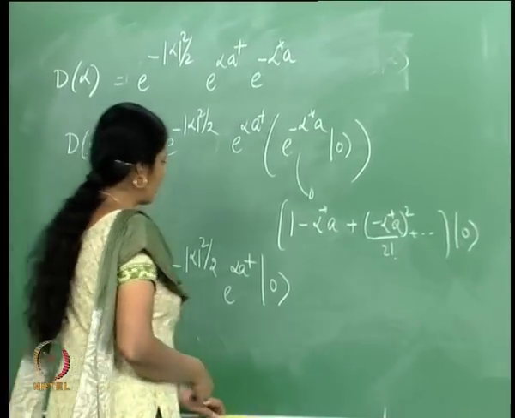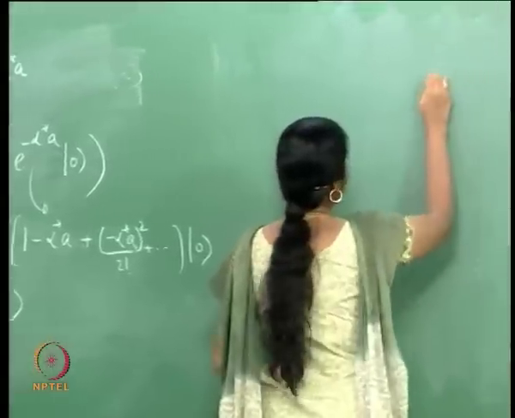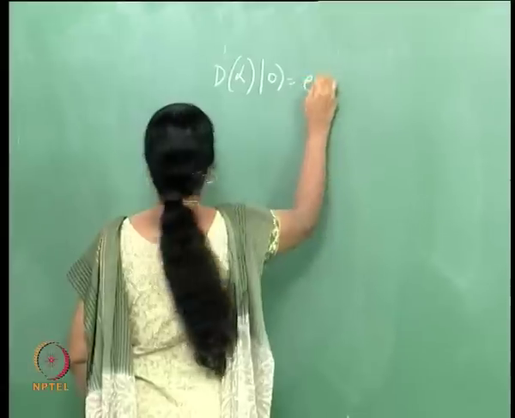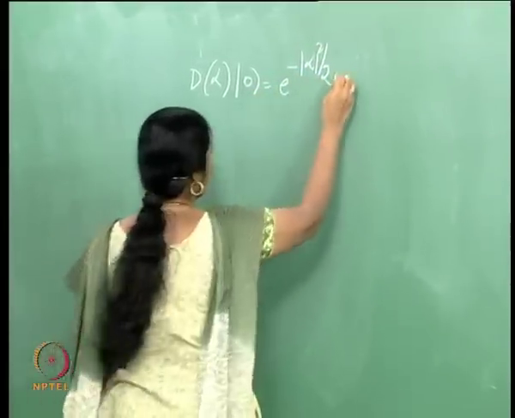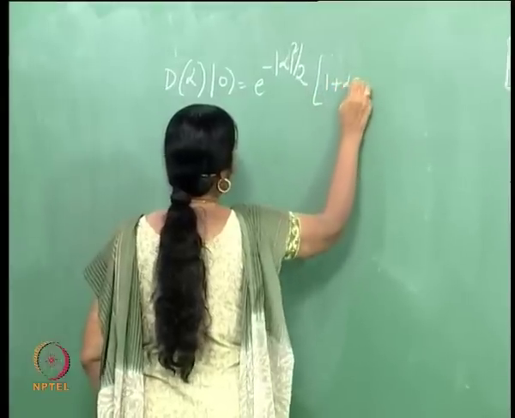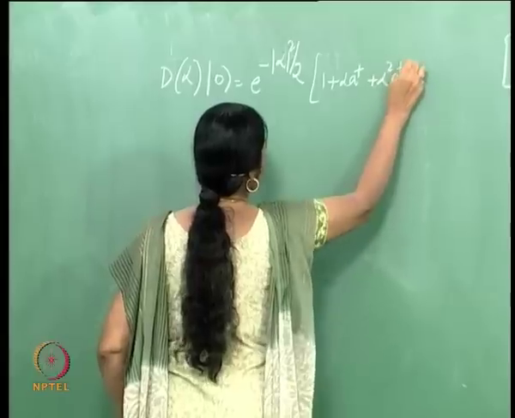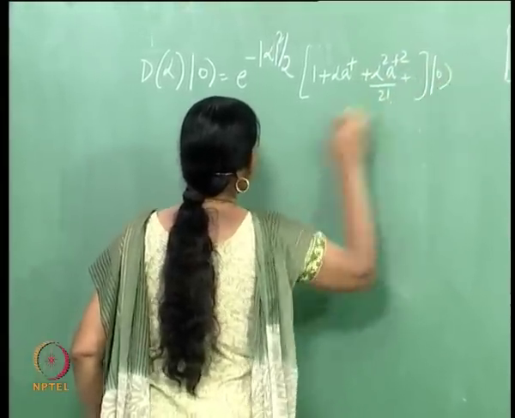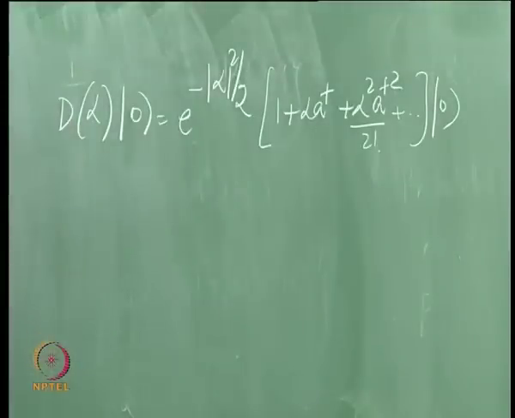Now, this object can be evaluated. So, D of alpha acting on ket 0 is e to the minus mod alpha squared by 2. I have 1 plus alpha a dagger plus alpha squared a dagger squared by 2 factorial plus so on acting on ket 0. It is an infinite series of operators acting on ket 0.